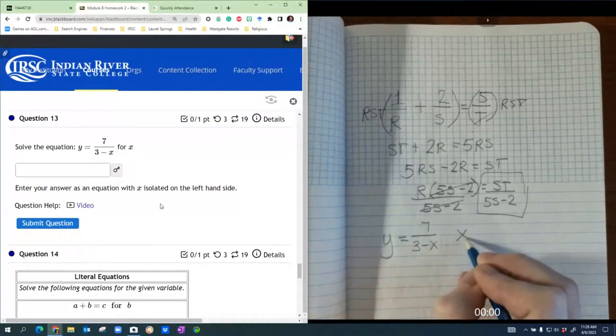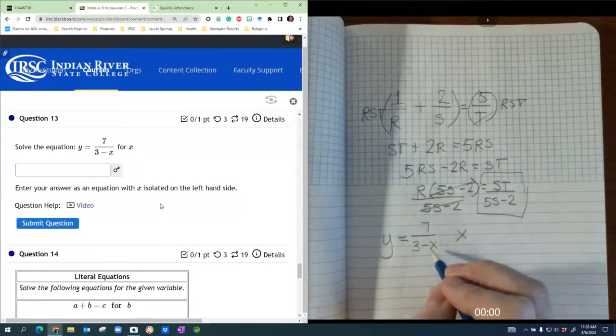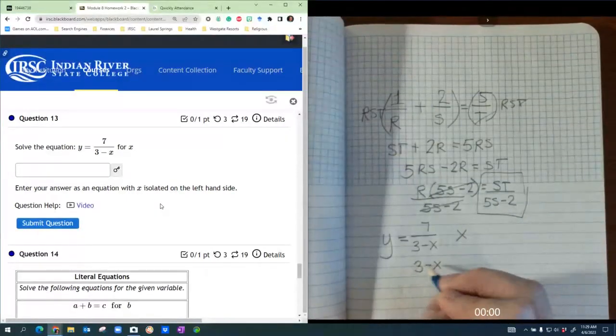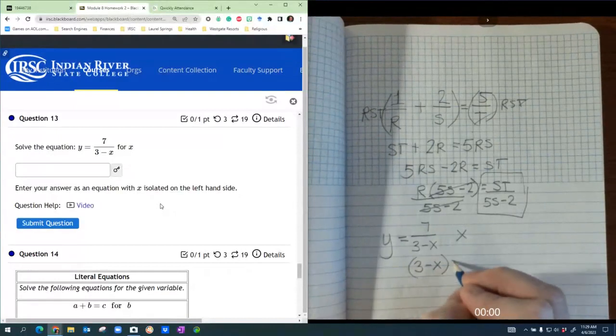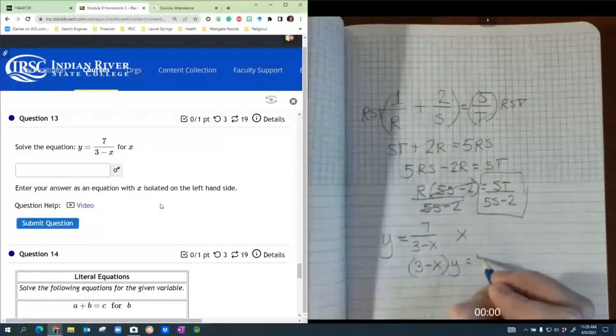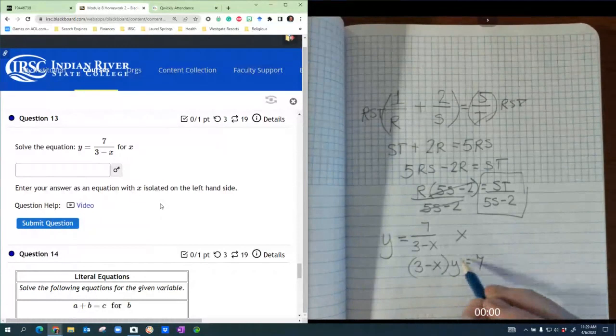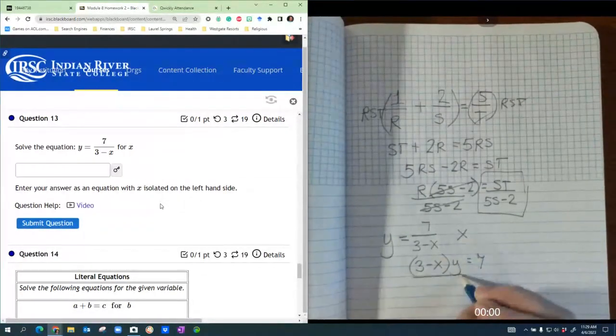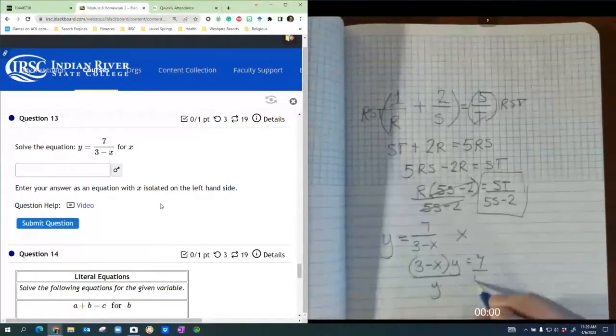So you have this. And we're solving in terms of x, getting x by itself. So what we'll do is multiply both sides by 3 minus x. And when we do, we get this. We need to solve in terms of x, okay? So we're going to go ahead and divide both sides by y.